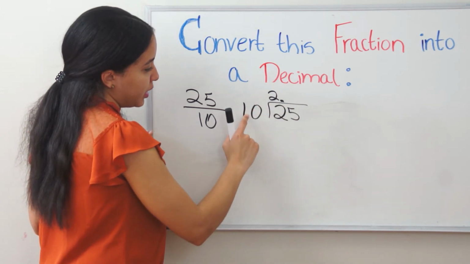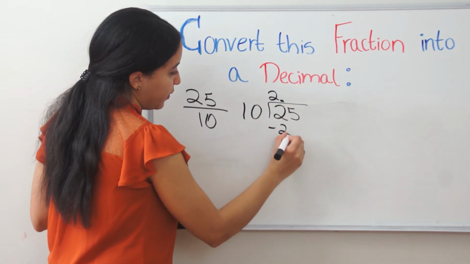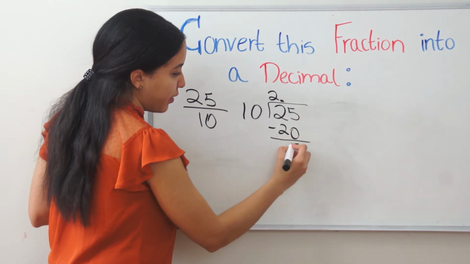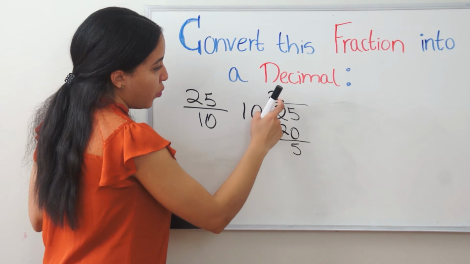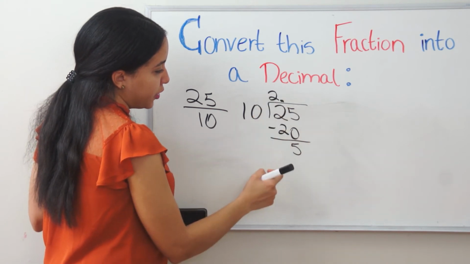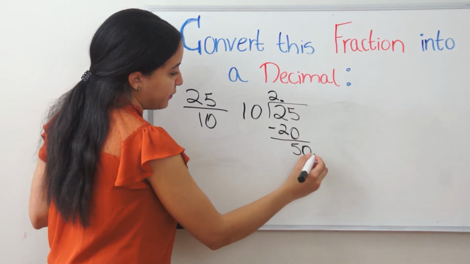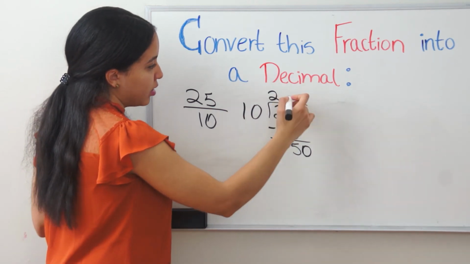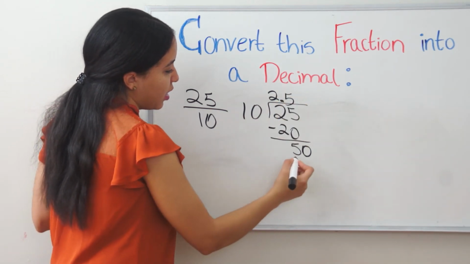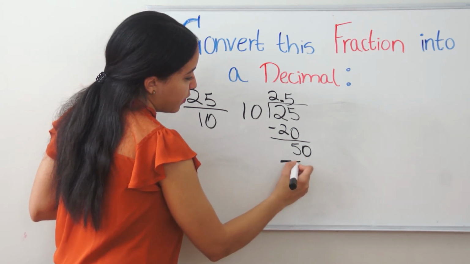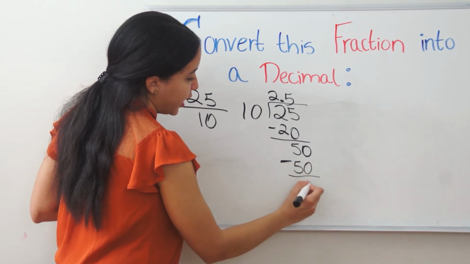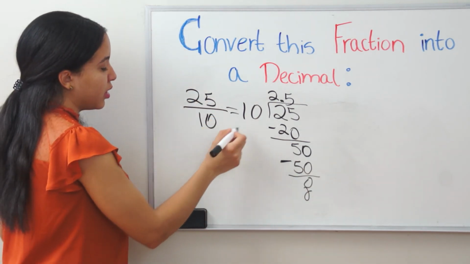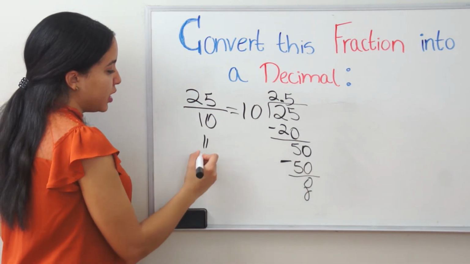So 2 times 10 is 20. 25 minus 20 is 5. So I added a point over here because we needed a 50 over here. So 50 divided by 10 is 5. Then we subtract and we will get 0. So our answer to this fraction is 2.5.